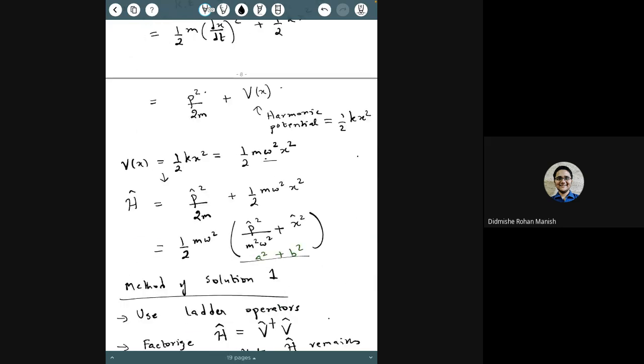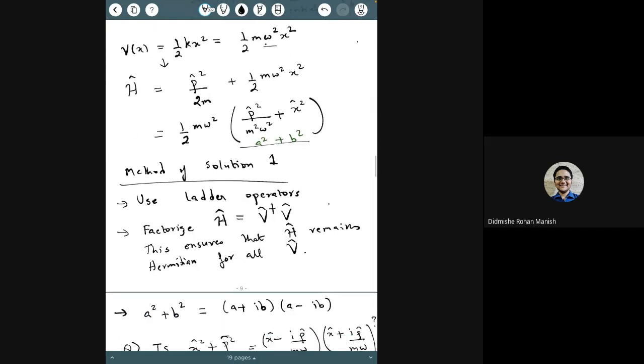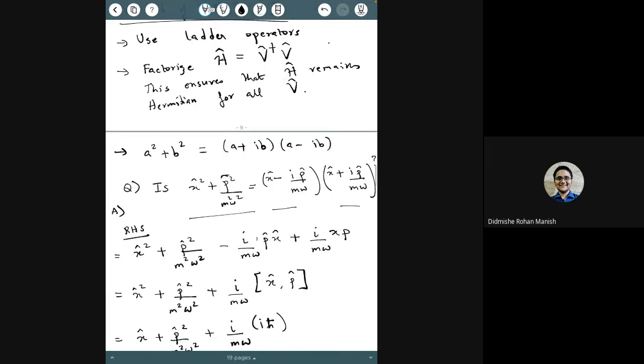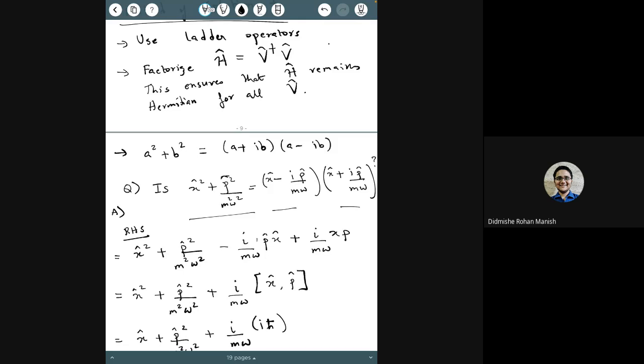And then we defined certain operators after factorizing the Hamiltonian into two complex factors.